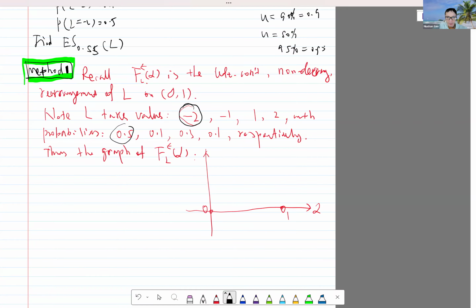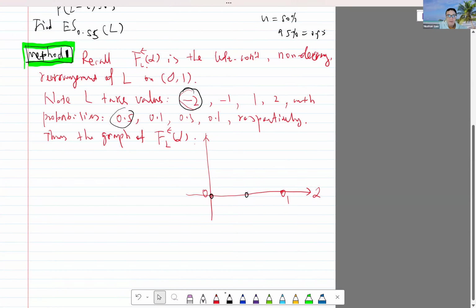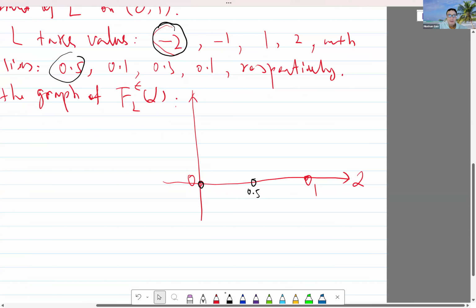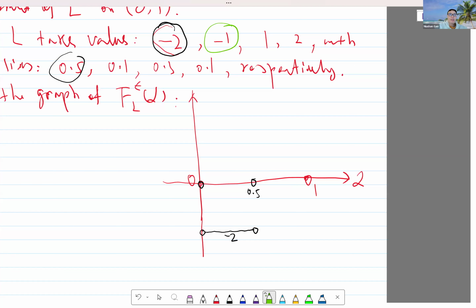So first of all, you make an interval, starting with the smallest value. Look at the probability 0.5. So this is your interval of length 0.5, and the value is -2. So on this interval, F left arrow takes the value -2. The next value is -1, and the probability is 0.1.